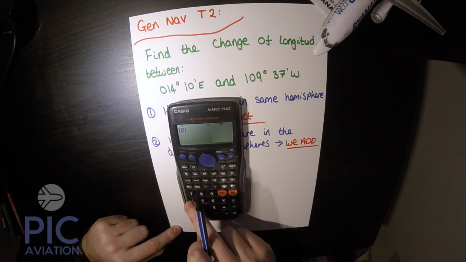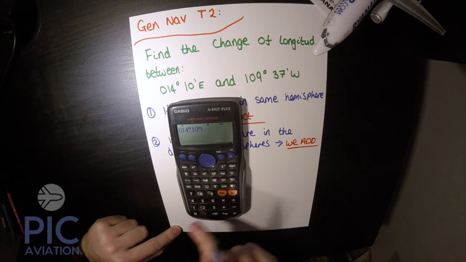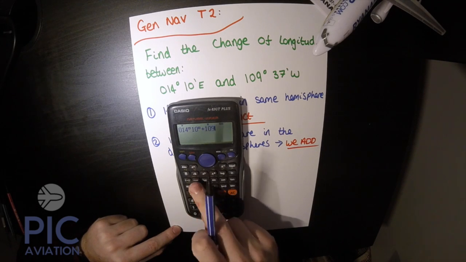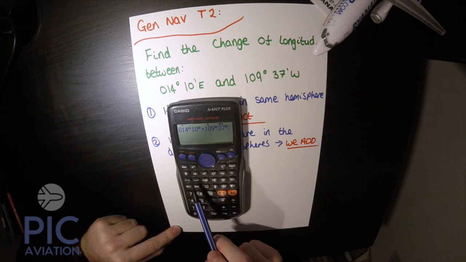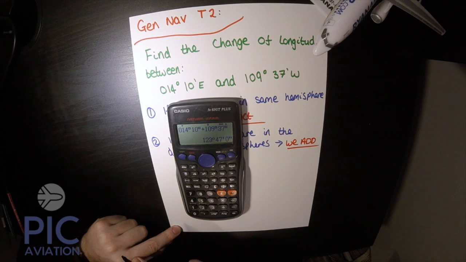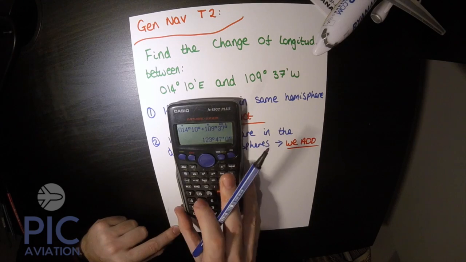It's going to be 014, I'm going to press that for degrees, 10 for minutes, and then I'm going to add it, because of the second rule, to 109 degrees with the DMS button, and then 37 minutes with the degrees, minutes, seconds button, the same button there. Hit the equal sign, and we get 123 degrees 47.